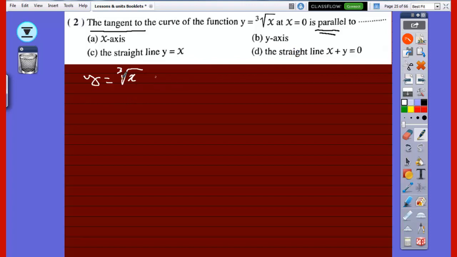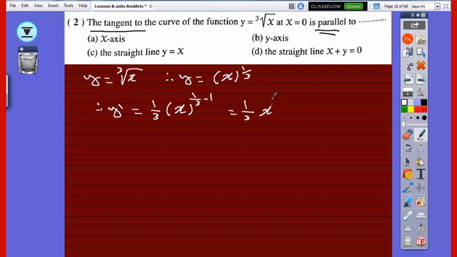Since y equals cubic root of x, y equals x power 1 over 3. It means y dash equals 1 over 3 x power 1 over 3 minus 1, which equals 1 over 3 x power negative 2 over 3.